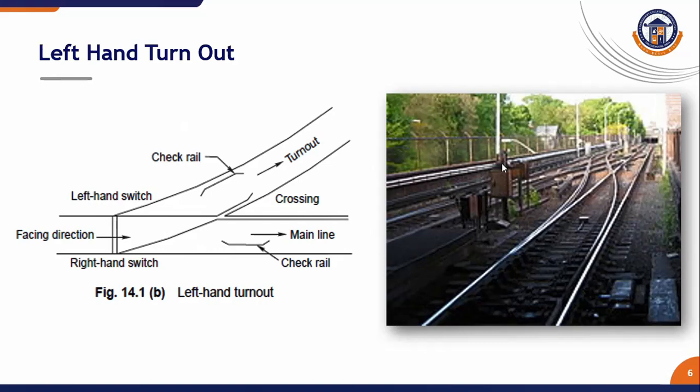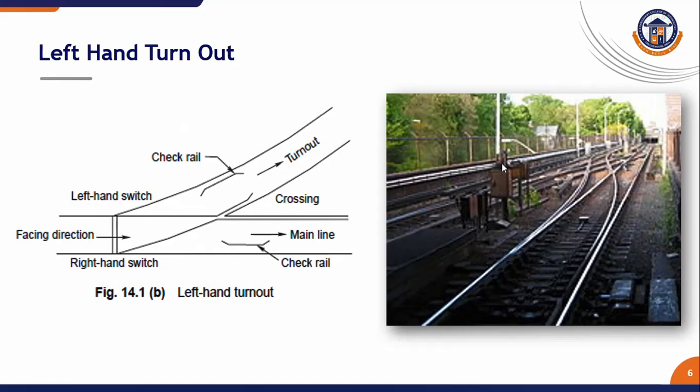The facing direction is the straight and the left hand turnout. You see that in the direction of the left side, the turnout takes place, which is clearly shown in the photo and in the line diagram also, where the crossing and everything is aligned in a proper manner.